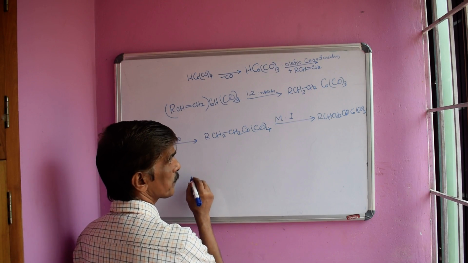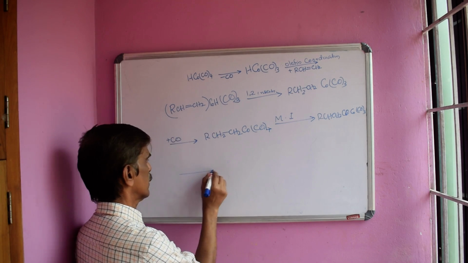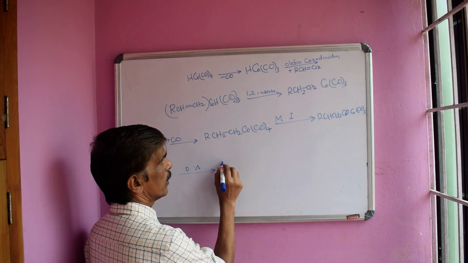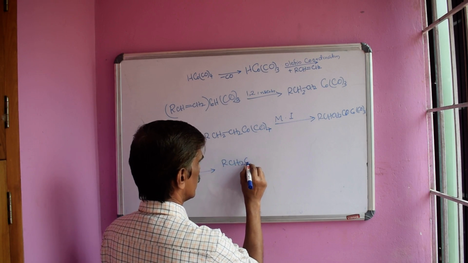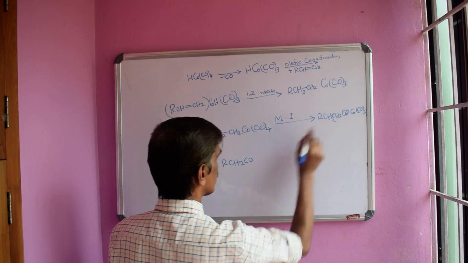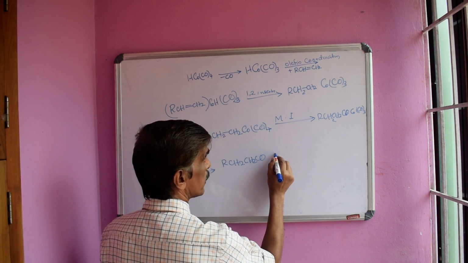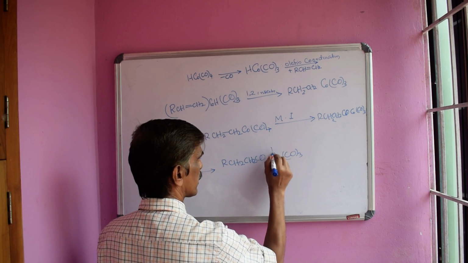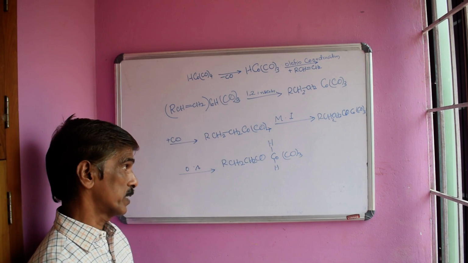Next is an oxidative addition, forming the RCH2CH2CO acyl complex with cobalt and 3 carbon monoxide, and this hydrogen can be shown like this, H H. Two hydrogens are coordinated.